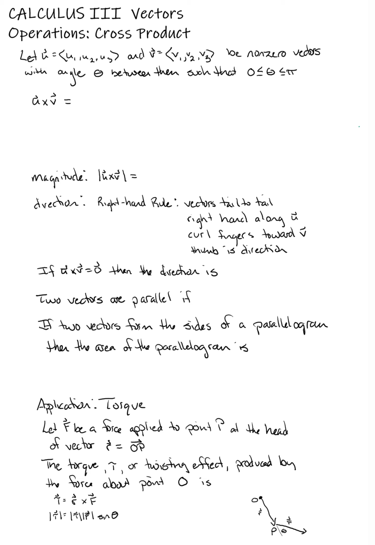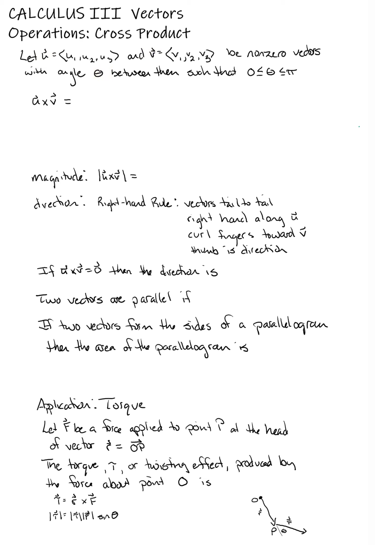I want to go over the vector operation of cross product. Let's start with two non-zero vectors, u and v, in 3 space. And let's say that the angle between them is theta, where theta is between 0 and pi.